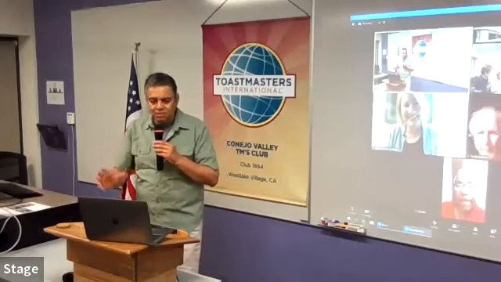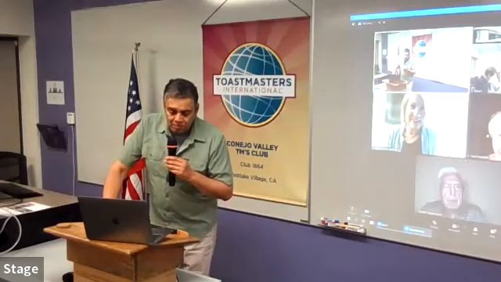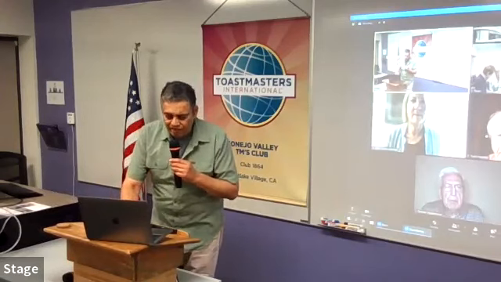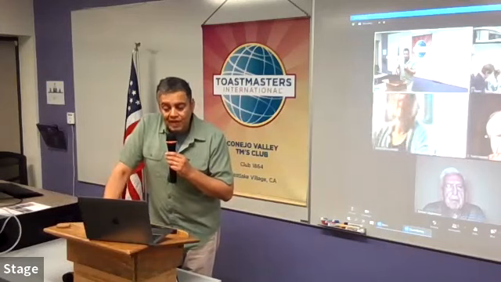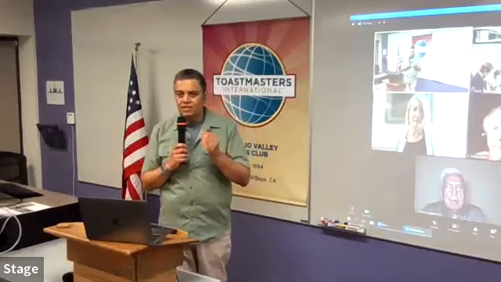A GE is a member who evaluates everything, as we've always heard. It's not just the speeches, but all aspects of the meeting. There's three aspects of that role, like with most roles: prior to the meeting, on the day of, and after. Prior to the meeting, as a general evaluator, by the way, before I even go there, please always check the agenda.